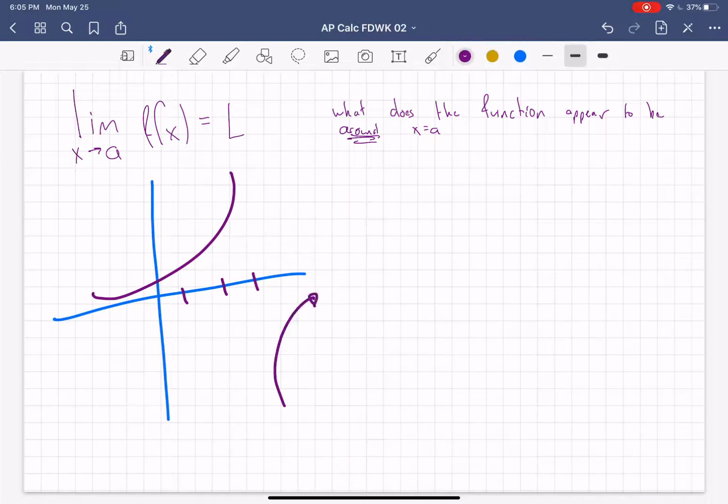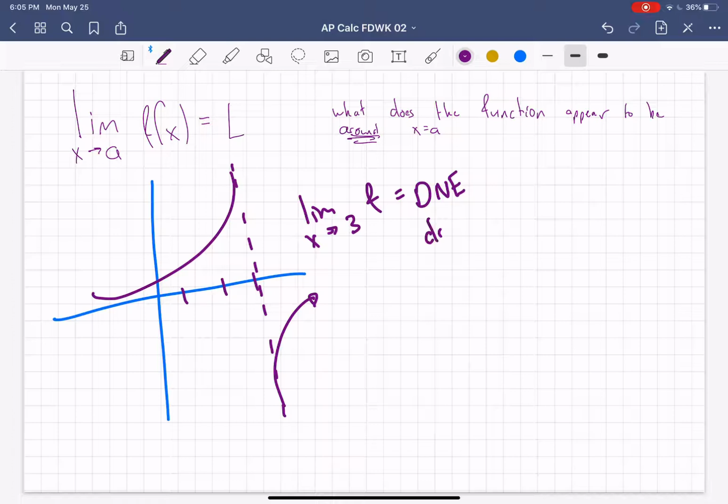Okay. If I said, what is the limit as x approaches 3 of this function, we will look at our graph, right? We can draw a vertical line at x is equal to 3 to help us out. There's not a consensus here, right? On one side we're going up, on the other side we're going down.